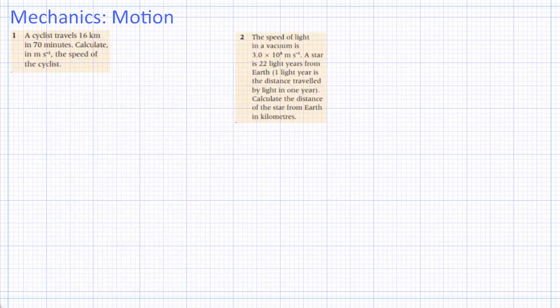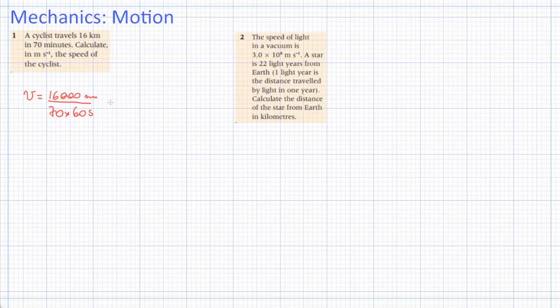So we've got 2 examples here. In the first one, a cyclist travels 16 kilometers in 70 minutes. Calculate in meters per second the speed of the cyclist. So it's actually fairly simple. This is the speed, just average speed because nothing else is given. So it's 16,000 meters over 70 minutes, so 70 times 60 seconds.